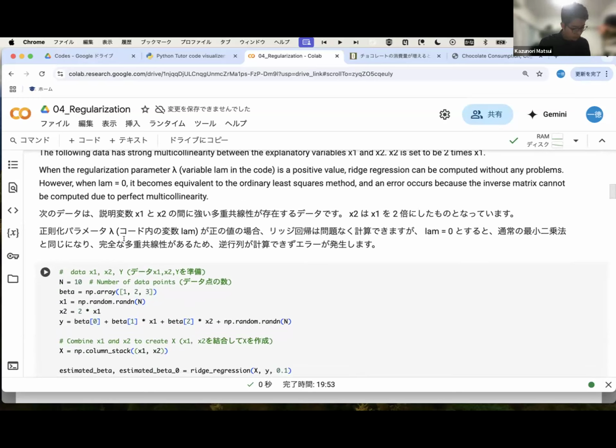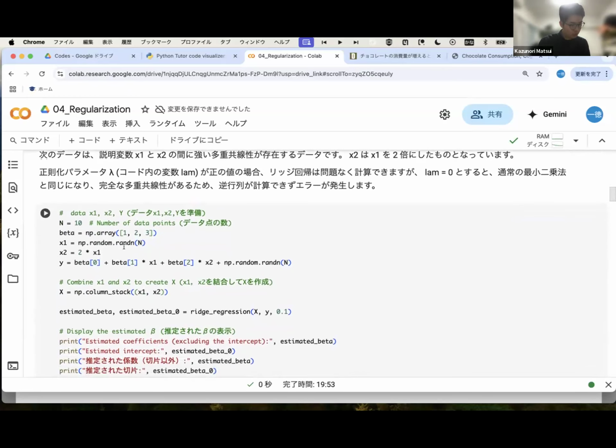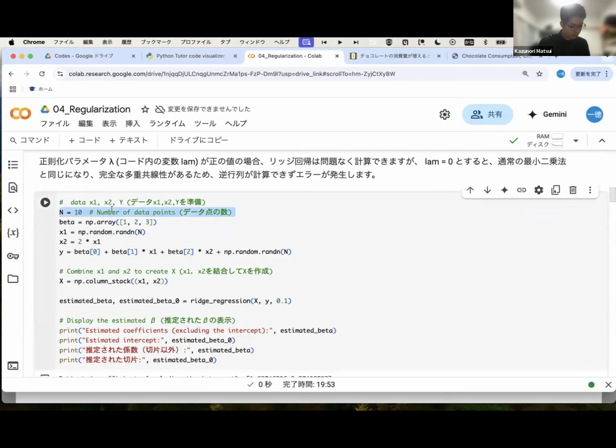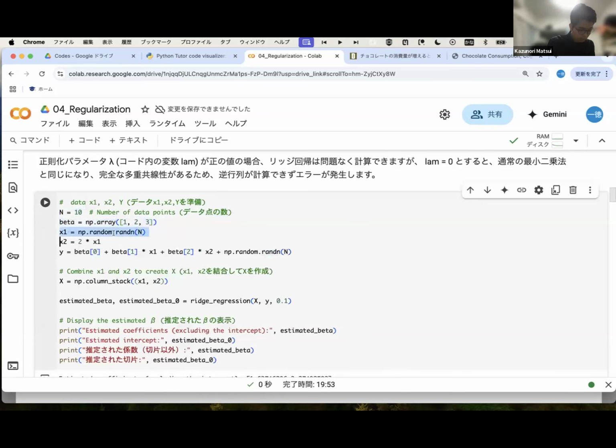Let's now apply ridge regression to real data to see how it works. First, we will create data with strong multicollinearity and verify its effect. We generate the data. We prepare 10 data points. We set two parameters, beta as 1 and 3. We generate explanatory variable x1 randomly and set x2 as twice x1.